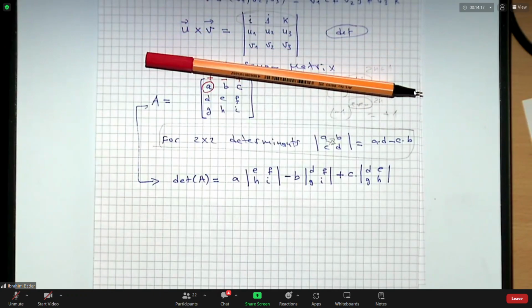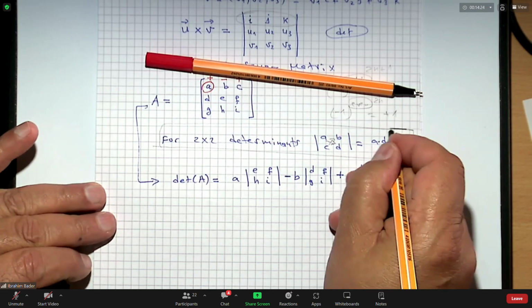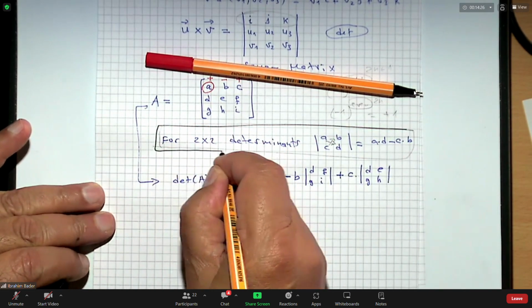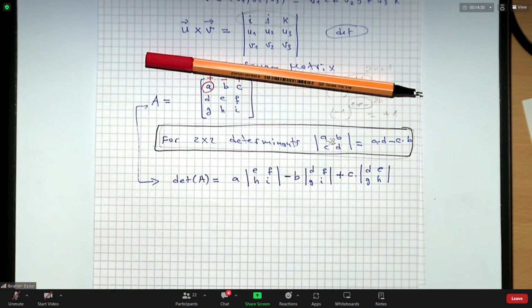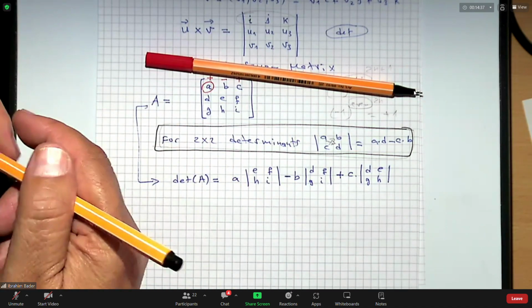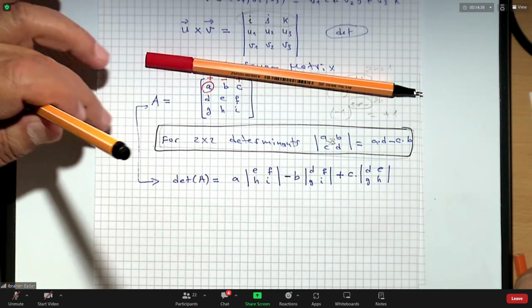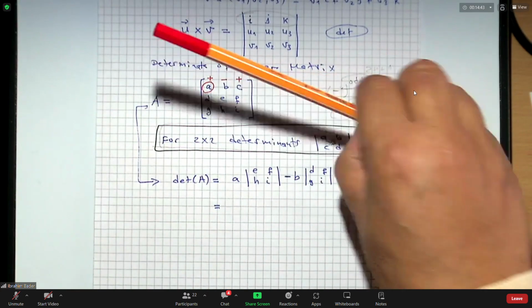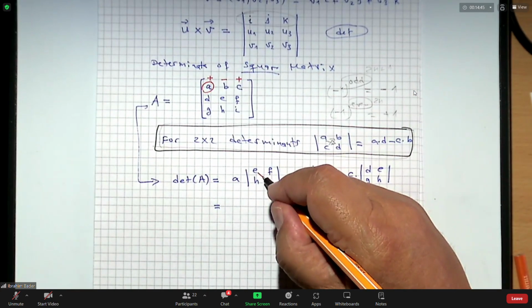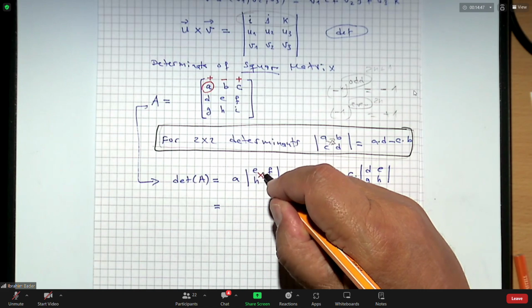Since I know this rule, let me frame this one here in the middle. I know how to evaluate a 2 by 2. So this is how recursion works. At the end, you know the rule to evaluate this kernel, and then we just apply it. So then I'm left with evaluating the determinant again: this diagonal multiplied out minus this diagonal.